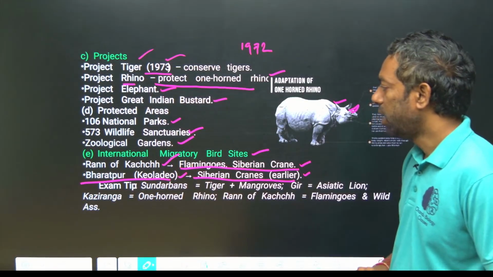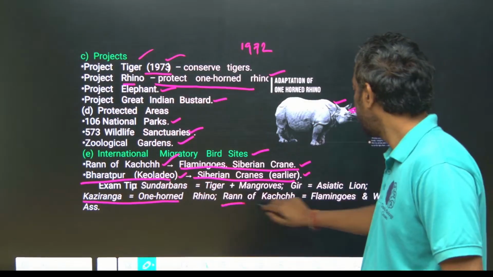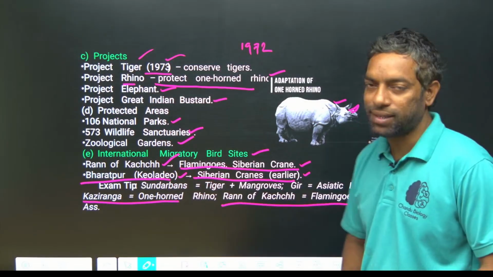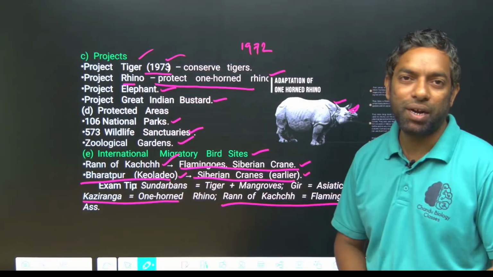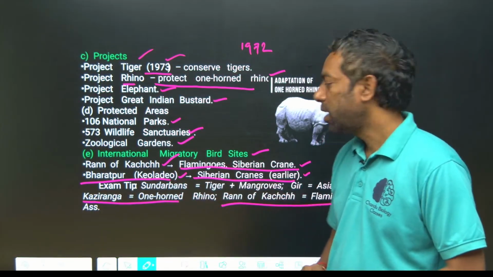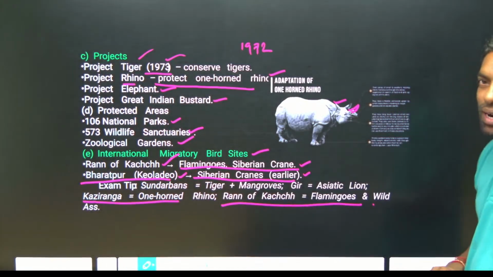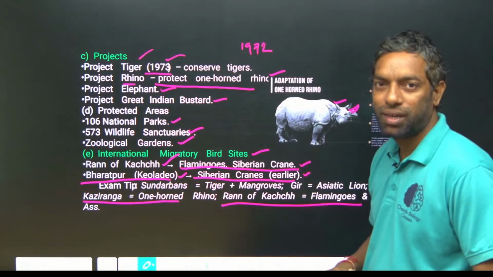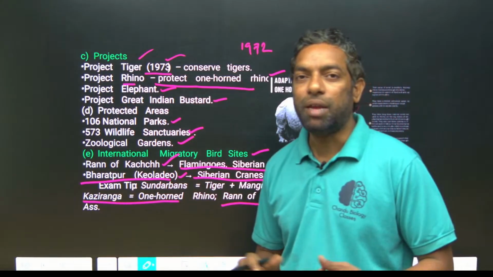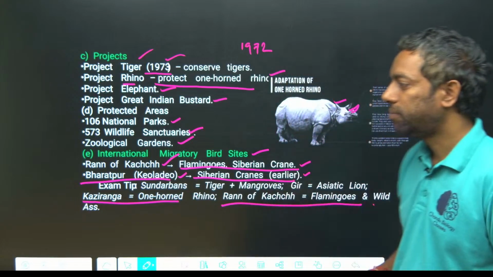Kaziranga National Park is for one-horned rhinos. Rann of Kutch is for flamingo birds and wild ass. These are the most important for the coming exam. Keoladeo National Park also has flamingo birds and other Siberian migratory species that enter.